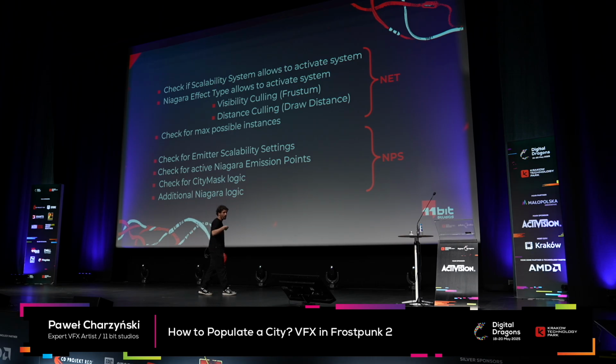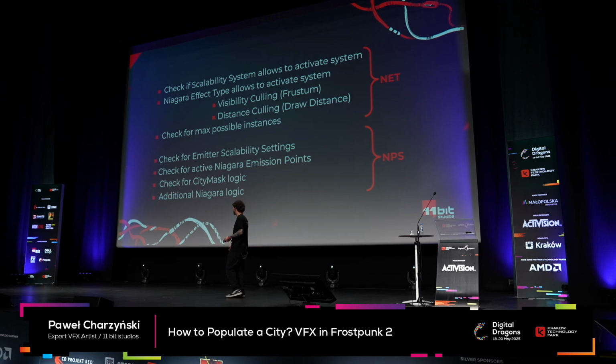Then it goes through the frustum culling, so if the player sees the emitter, then it checks for distance culling: is the emitter at a good distance from the player? And then it checks for max possible instances. Max possible instances is really helpful if you have some memory leaks or you don't want to spawn a lot of systems from a muzzle flash, from a bullet trail or something like that.